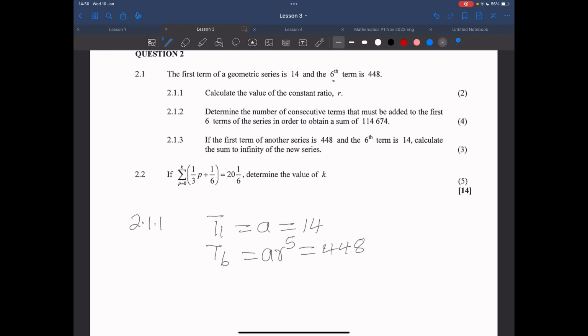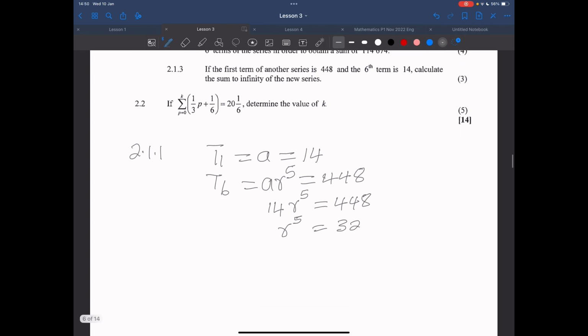So we will just substitute the A there. So A is 14, so it's 14R exponent 5 equals 448. Divide both sides by 14. You can simply do this on your calculator. 448 divided by 14 is 32. All right, so R exponent 5 is 32.